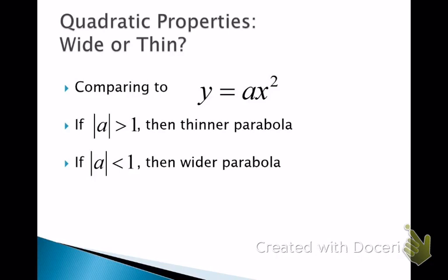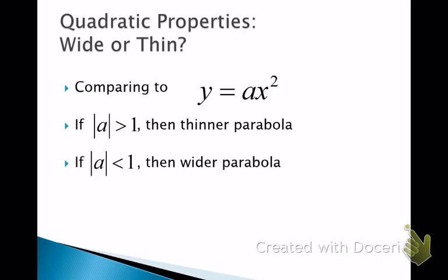How wide or thin a parabola is, U's can be really, really wide or really, really thin, is also determined by a, that coefficient on the x squared term. If the absolute value of a is bigger than 1, then the parabola is thinner.